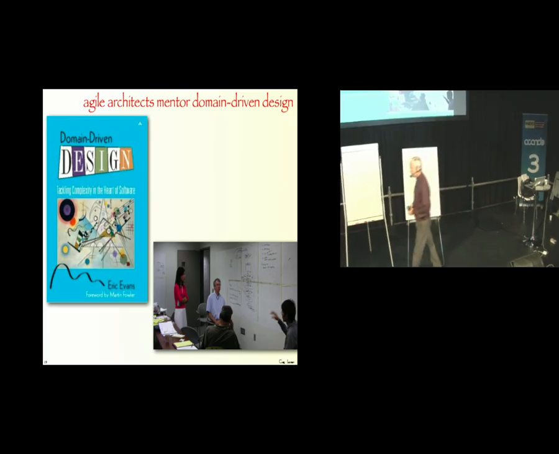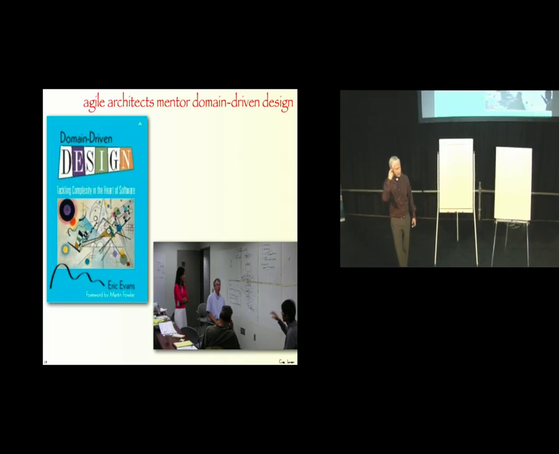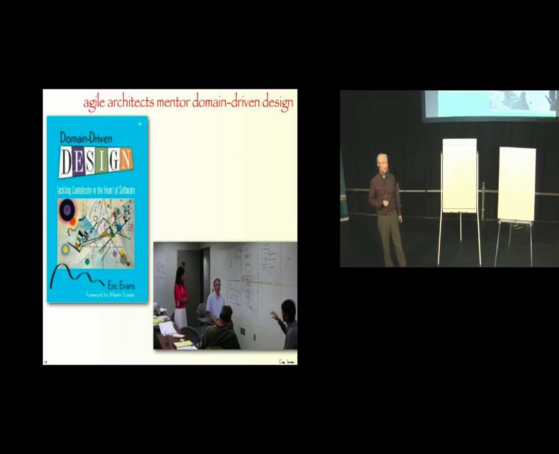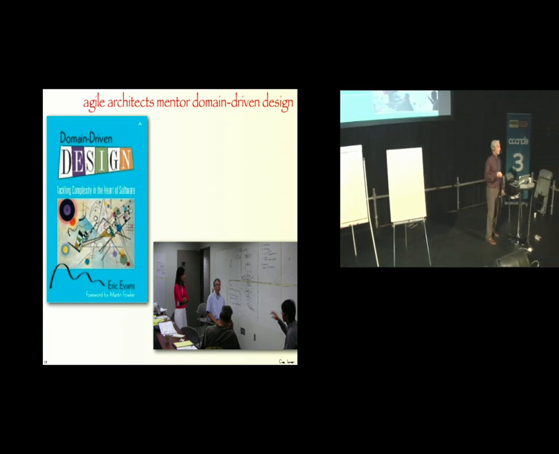Now, this is my bias, and this tip is more controversial, and I'm not sure it's actually a sort of universal truth. I'm an old Smalltalk programmer from the early 80s and so forth.